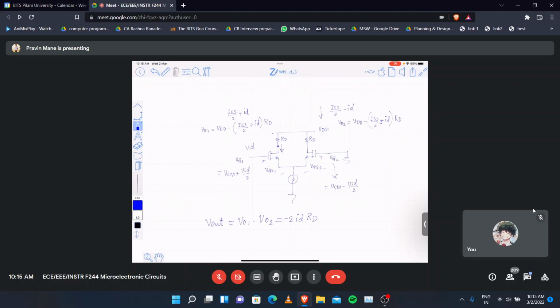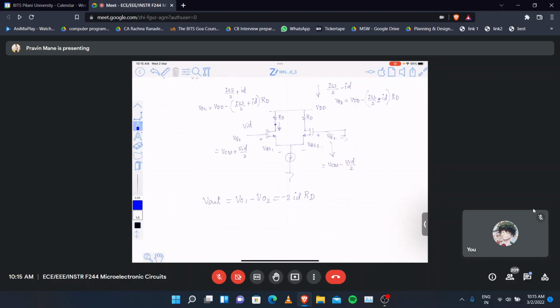So I will be getting the voltage equal to minus 2 times ID RD. But you know that, what is the value of ID? Magnitude wise, it is ISS by VOV into VID by 2. If I substitute in this expression, minus 2 ID RD gives ISS divided by VOV into VID by 2.